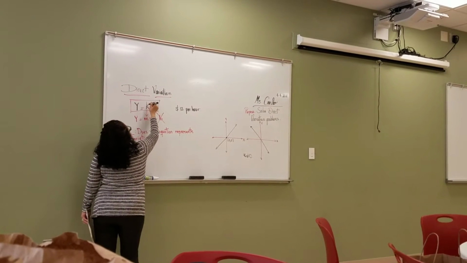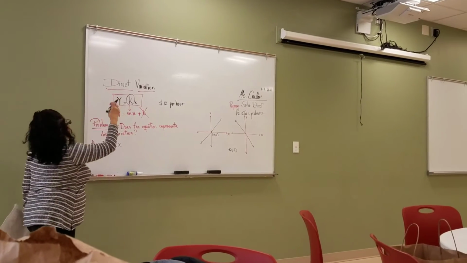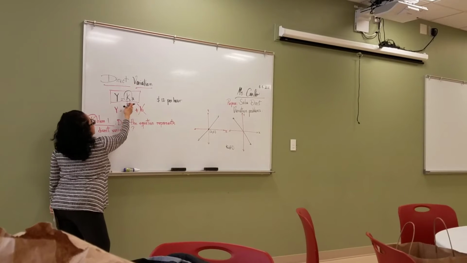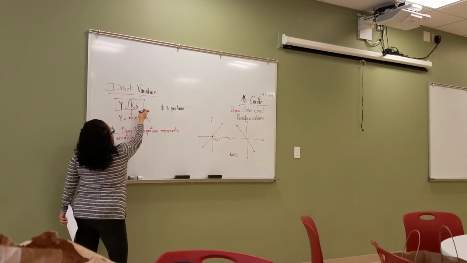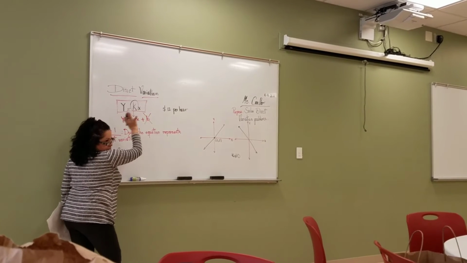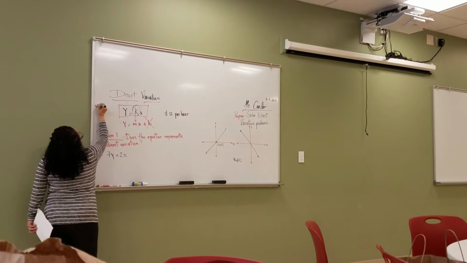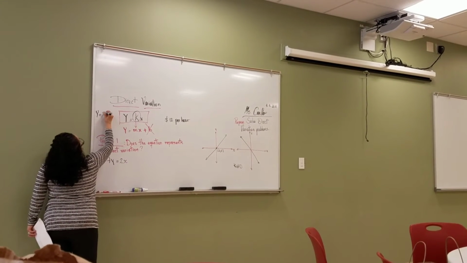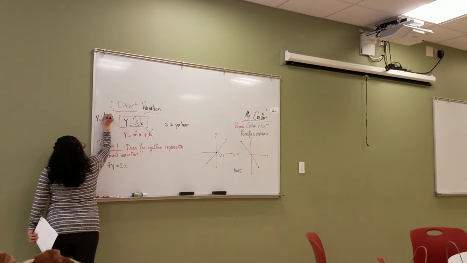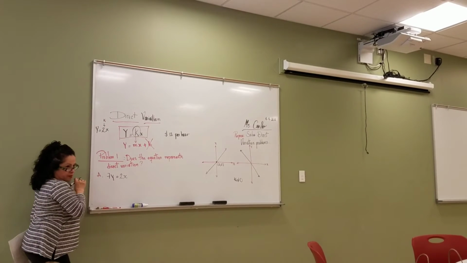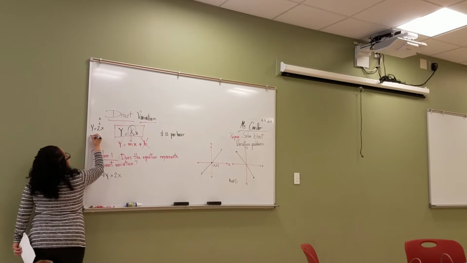Another way that I could describe k, which is the constant of variation: k is the number that goes in front of the x, k is the coefficient. Coefficient is just the numerical part. So, an equation like 2y equals x, in this case, this is my constant of variation. Is that understandable?